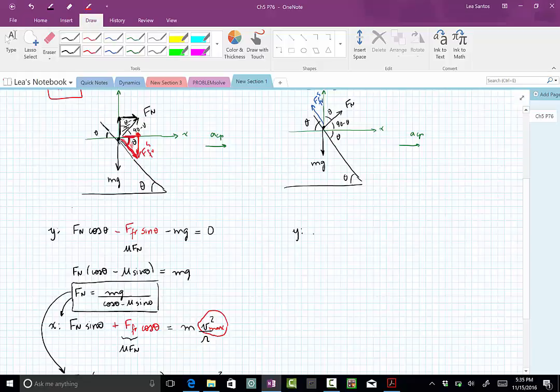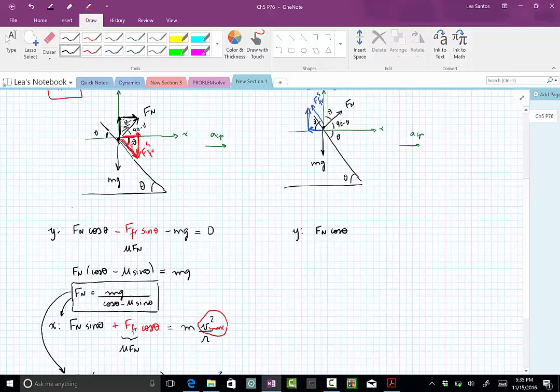In the y equation, I still have the Fn in the same position, so it's still again Fn cosine of theta. Now, if I look at the friction, I'm going to use this triangle here. So I play with this triangle here. All right, and for this triangle here, what do I have?